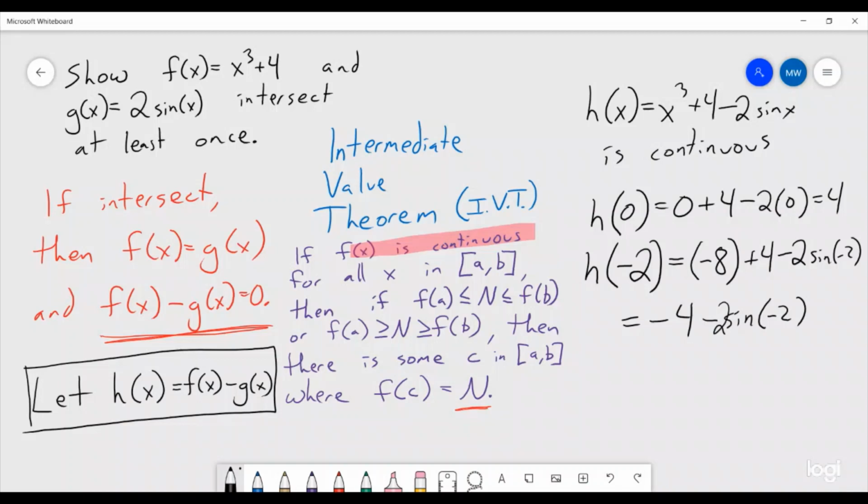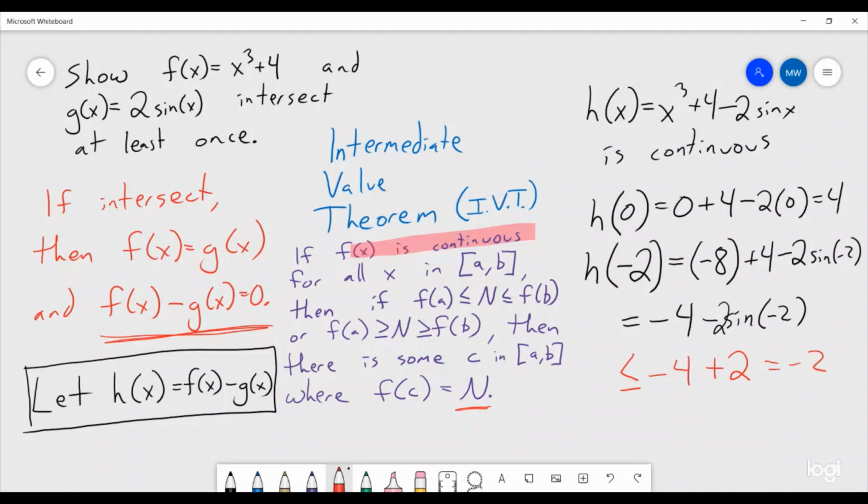Well, sine can never be anything bigger than 1 or smaller than negative 1. So I could make this as big as possible by making it a negative 1. So this is less than or equal to negative 4 plus 2, which is negative 2.